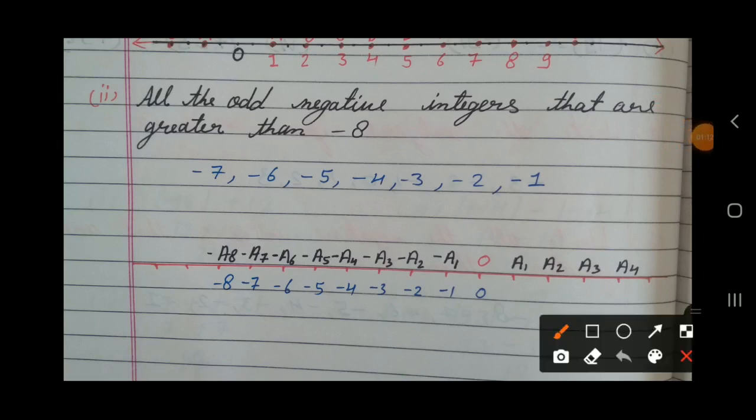In the second part, all odd negative integers that are greater than minus 8. First we will write all the negative integers greater than minus 8: minus 7, minus 6, minus 5, minus 4, minus 3, minus 2, minus 1.